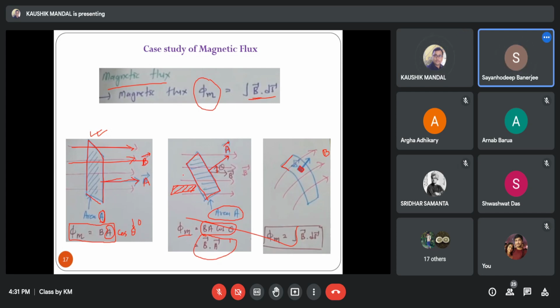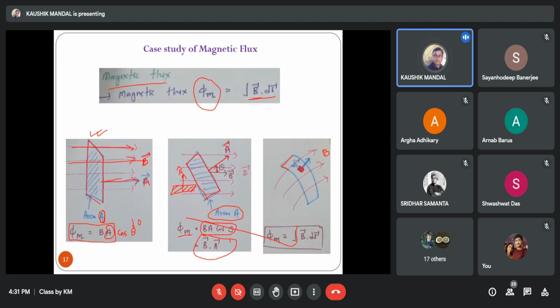Correct. Now we have to consider the unit vector to the surface, not the surface itself. This is the unit vector to this particular surface A. A and B are perpendicular, so theta is 90 degrees, and cos 90 degrees means 0. So if you place a surface which is parallel to the magnetic field, the magnetic flux will be 0.